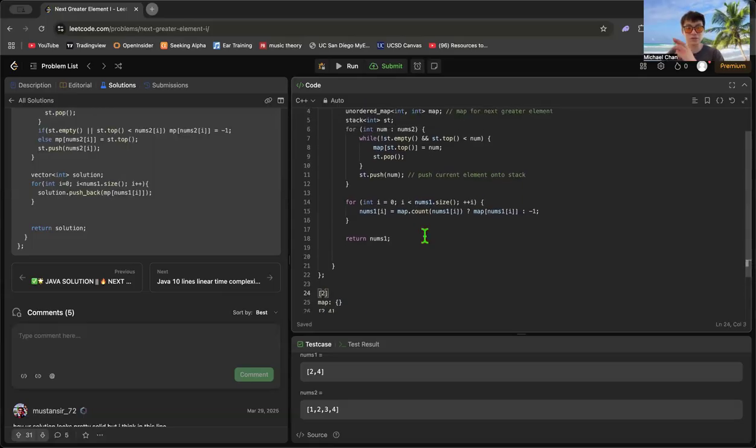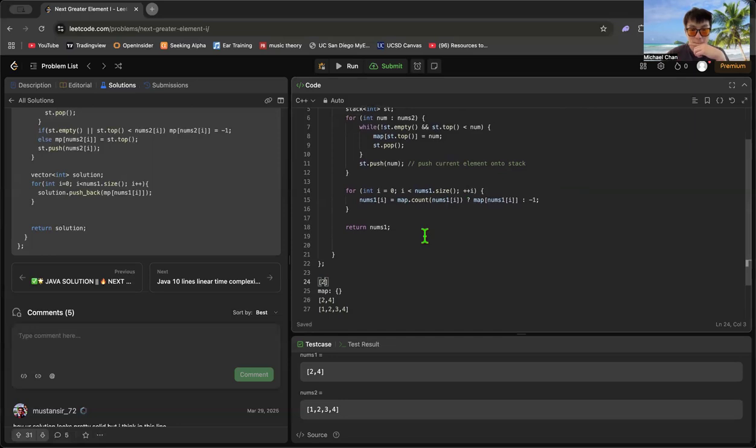Stack would first be number two, right? Would be number one. Two is bigger than one, so one would be two. Push this. Three is bigger than two, so two would be three. Push this. Three to four, you push this.